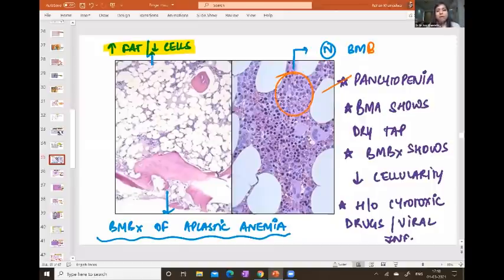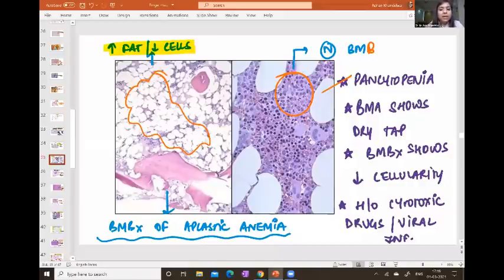The amount of cellularity is decreased. When will that happen? That will happen if my patient has aplastic anemia. The patient is not producing any cells, so there will be nothing in the bone marrow. And the space which had to be filled by cells is now filled up by fat, right? That is how we diagnose a case of aplastic anemia.